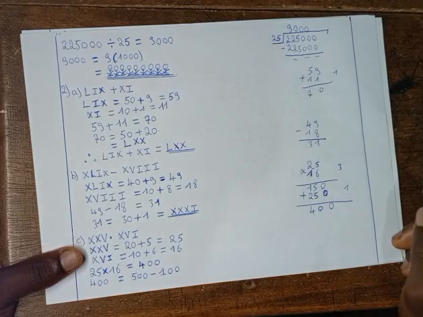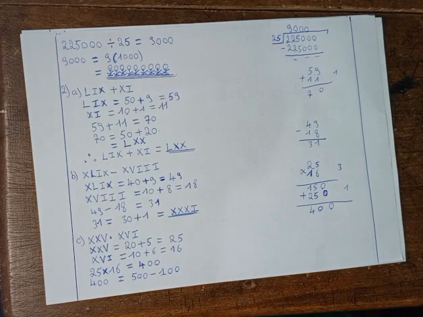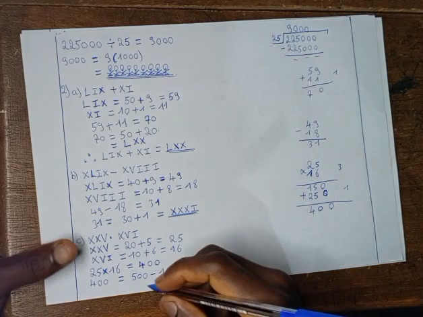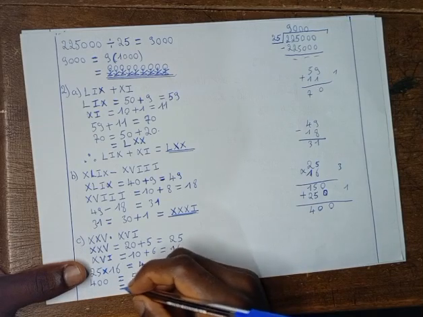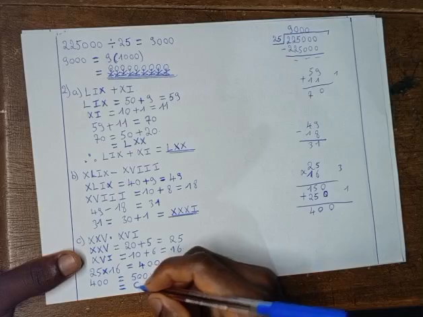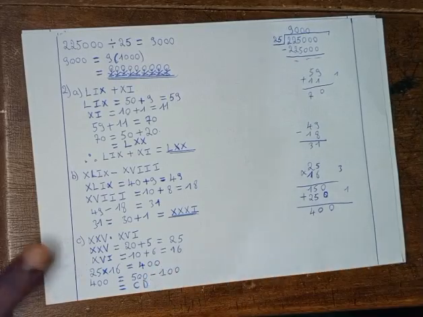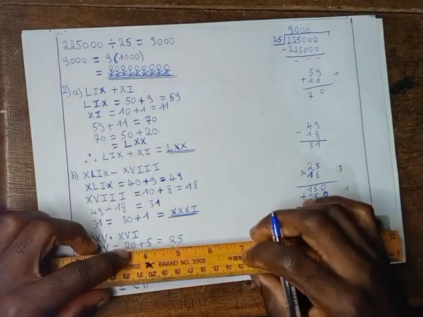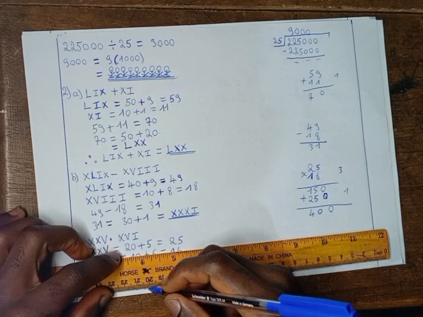Now we know that the Romans represent 500 by using D. So since we have to subtract 100 from 500, this will simply give us CD. This is the answer, so we underline the answer.